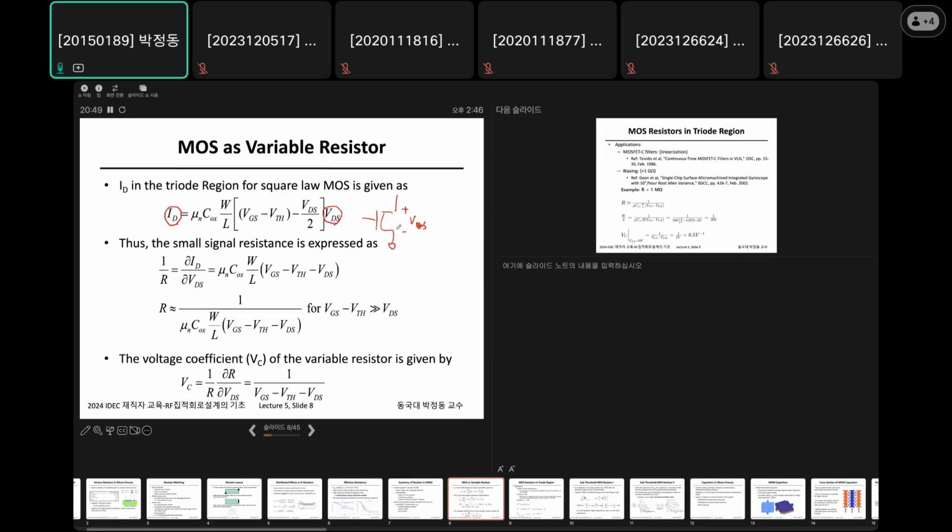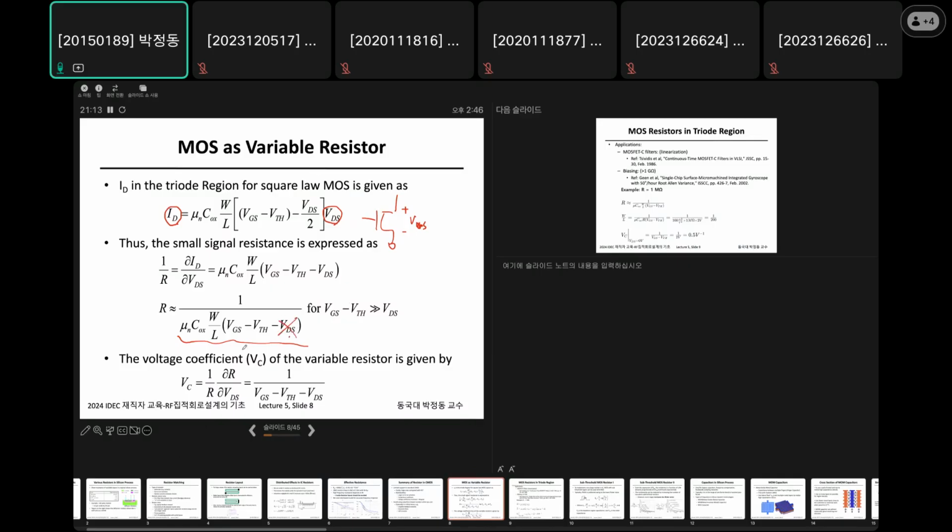In this regard, 1 over R is given by this, so R is given by this. Here we assume that if VDS is small, then we just neglect this.